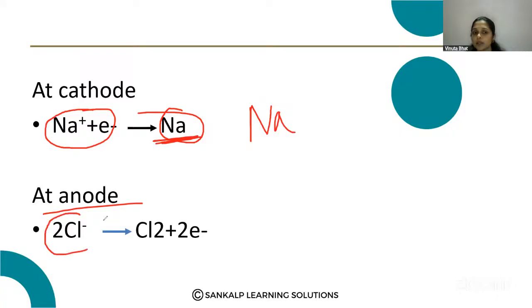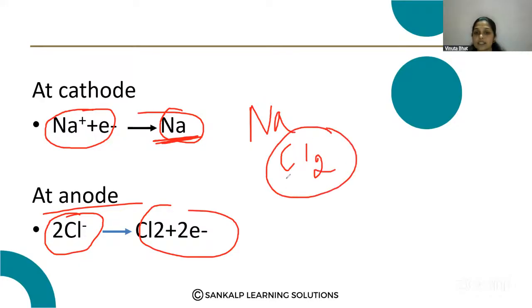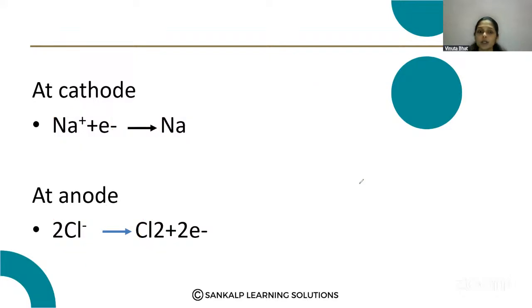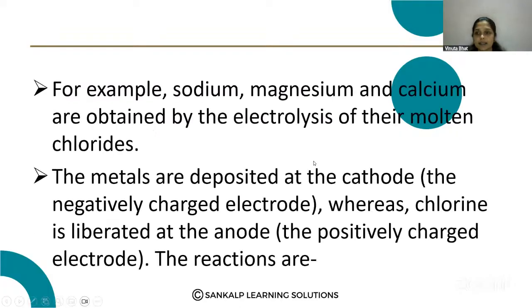The two chlorine atoms gain the electrons and become Cl2. So we can get pure sodium by this process, by electrolysis. Electrolysis andre nimge gottide, that is passing the current through the electrodes. So this is the method how we can obtain the pure metal of the high reactive series.